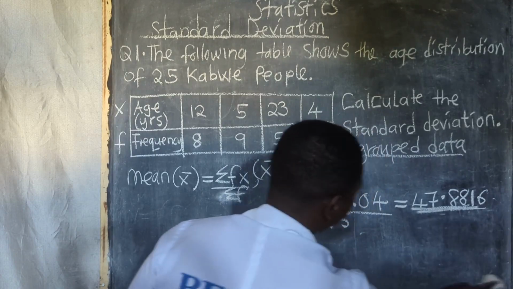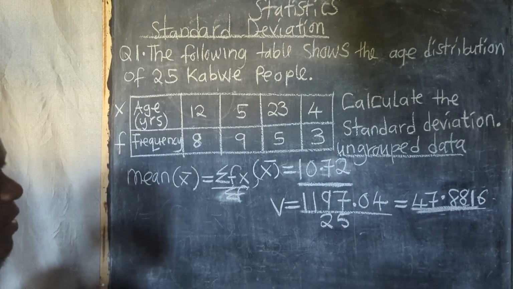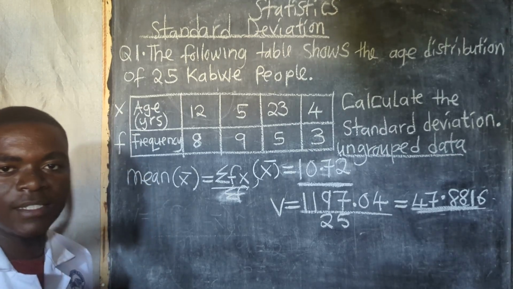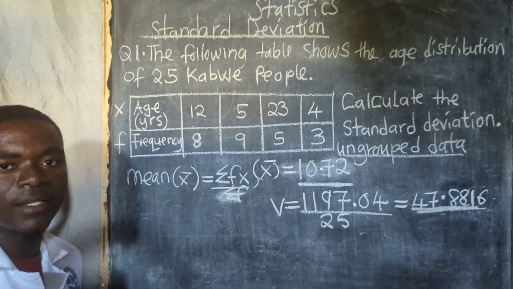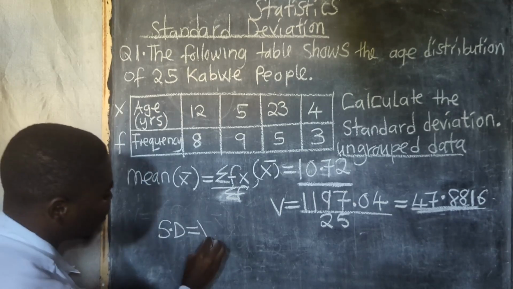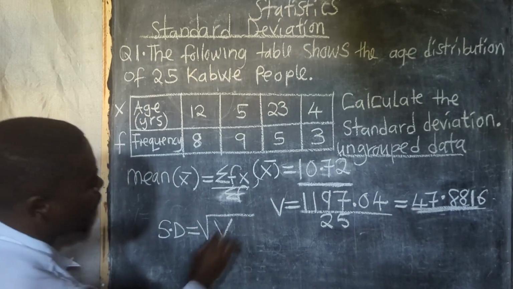So since we now have the variance, it is very easy for us to calculate the standard deviation. How are we going to calculate the standard deviation? You know the standard deviation, SD, is equal to the square root of what? Variance.